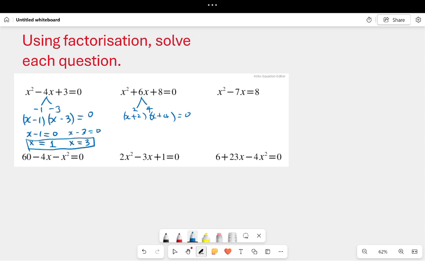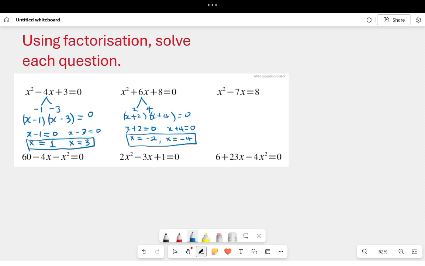Now the solution is going to be x plus 2 is equal to 0, so x will be equal to -2. And over here, x plus 4 is equal to 0, so x will be equal to -4. So our two solutions are x equals -2 and x equals -4.